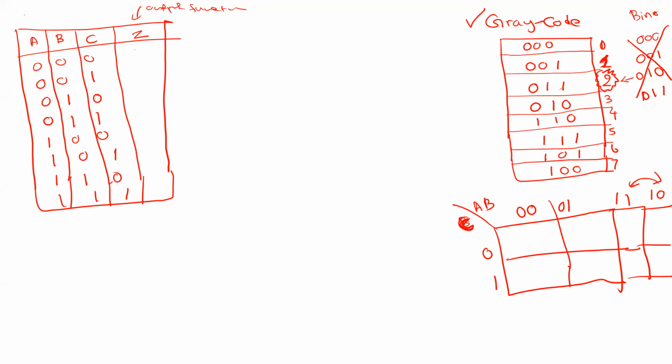Okay. 1 0 1, 1 1, 0 1 1. Okay. So මේ විදිහට තමයි truth table එක තියෙන්නේ.